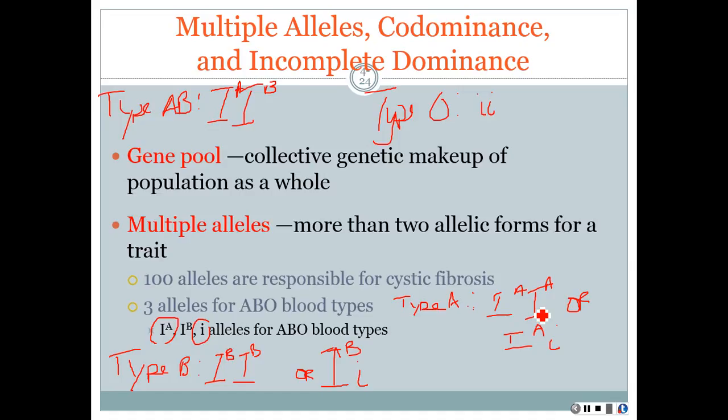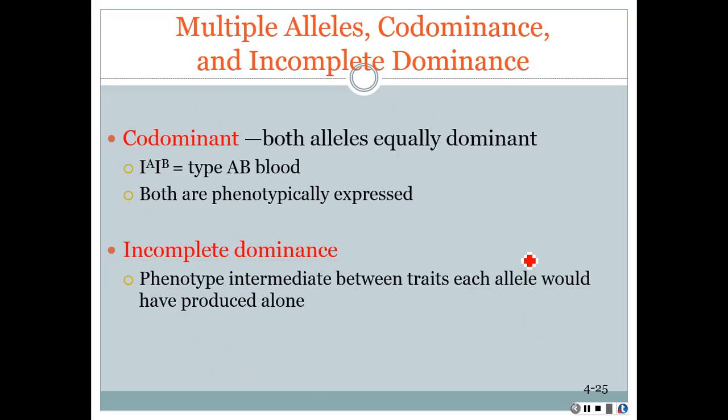Now, in type AB, both types of glycolipids are present. And then in type O, neither type is present. Now, some alleles exhibit incomplete dominance, in which the phenotype is intermediate if two alleles are present.